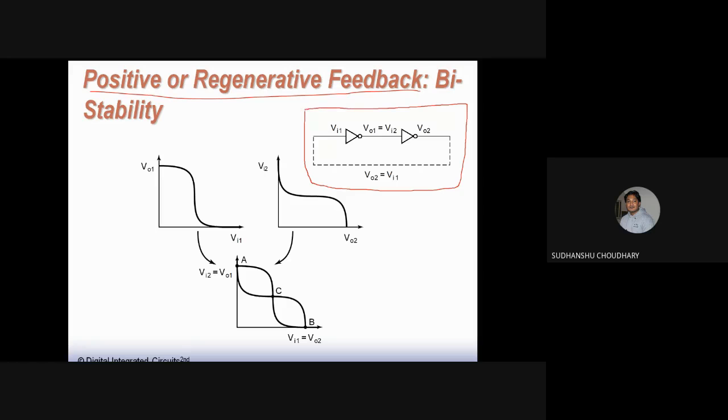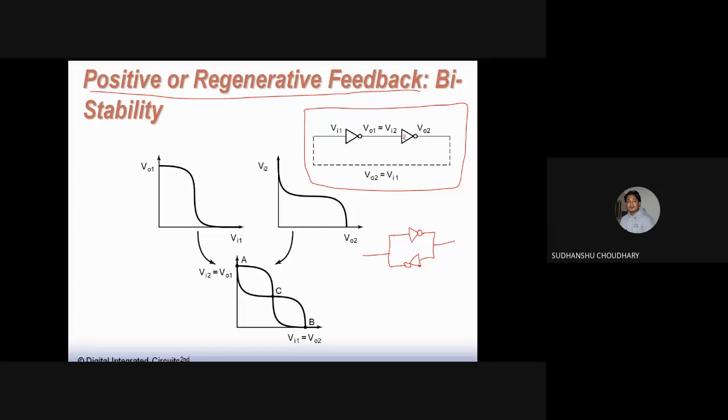One memory element could be this, or you can represent it by another same circuit, but let us say the arrangement of inverters is the same, but I have put inverter number 2 at the bottom here. So this is a memory element.